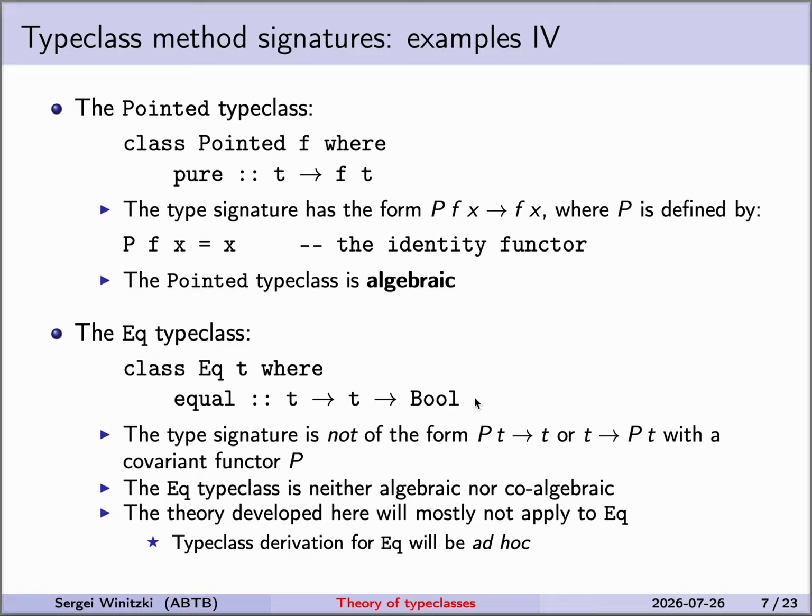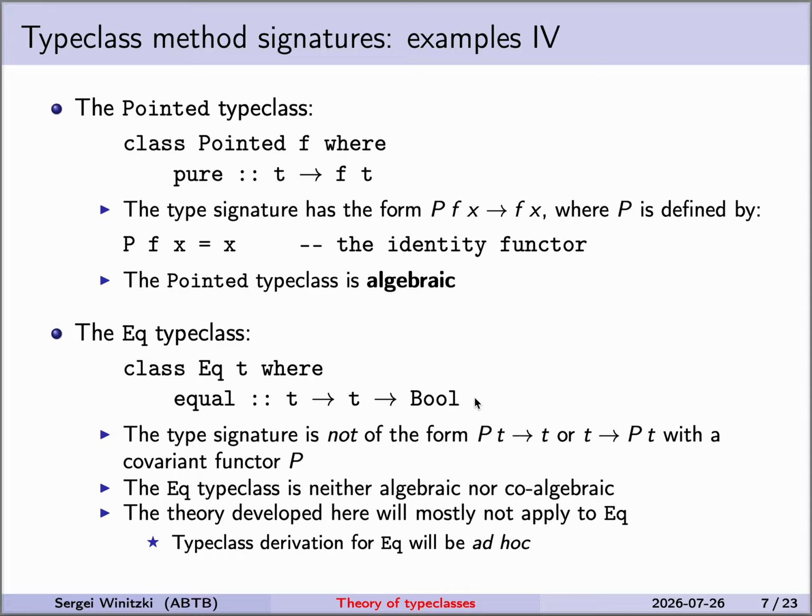The practical consequence of this is that this type class will not have such a rich set of type class derivations. Type class derivations could be possible for this, but they would have to be implemented ad hoc, not in a generic way like in all other type classes. And most of the theory that I'm going to show here will not actually apply to the equality type class.